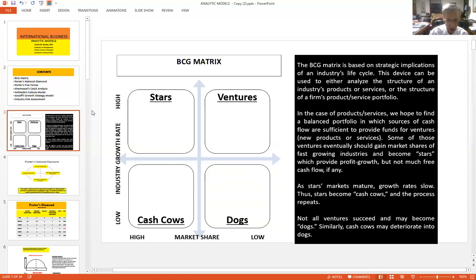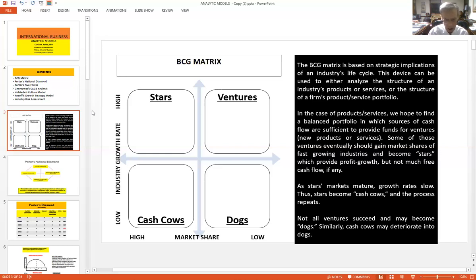So you can see that there are two dimensions on this framework, the industry's growth rate, and the firm's market share. A firm that has a high share of a growth market, where would growth markets be on the life cycle? They're probably in the growth stage, right?